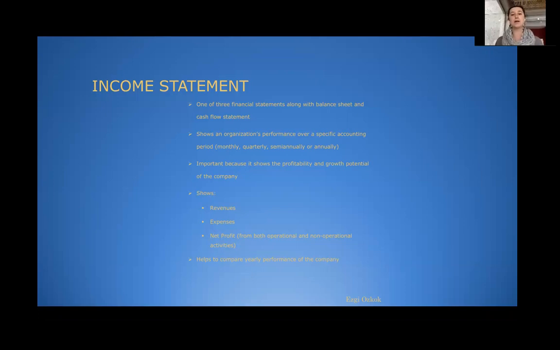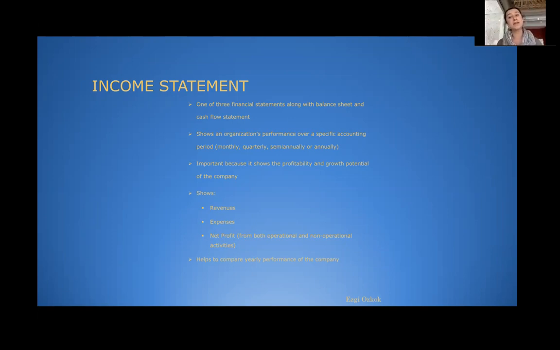Understanding and knowing how to read it is important because it shows the profitability and growth potential of the company. For investors, for example, they want to see the company's income statement, especially over the years, to understand the performance of the company.